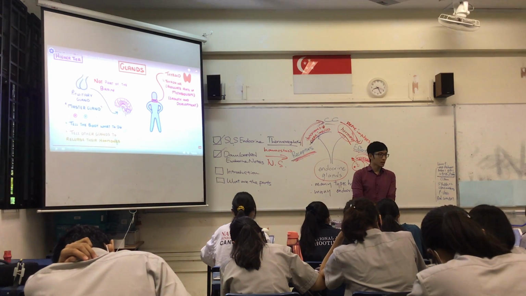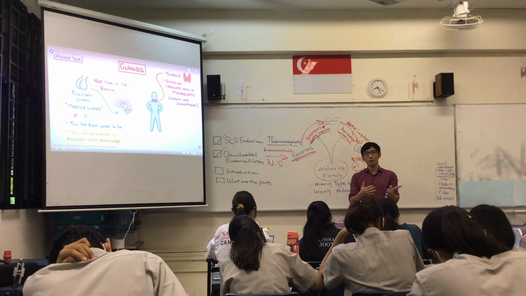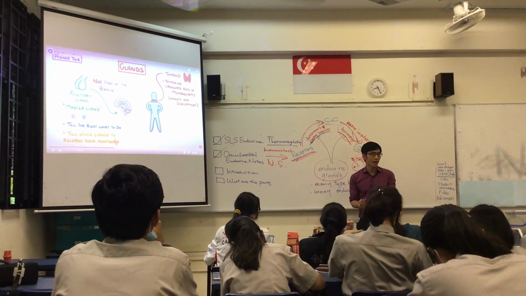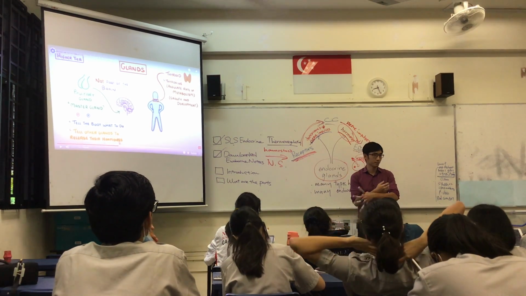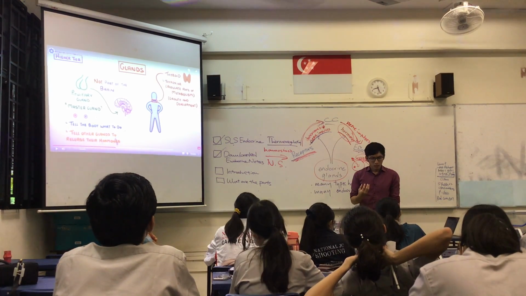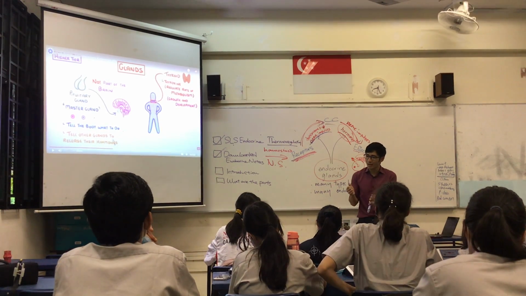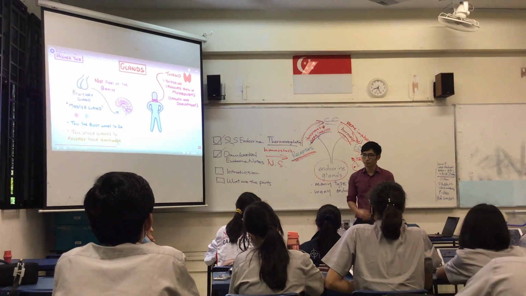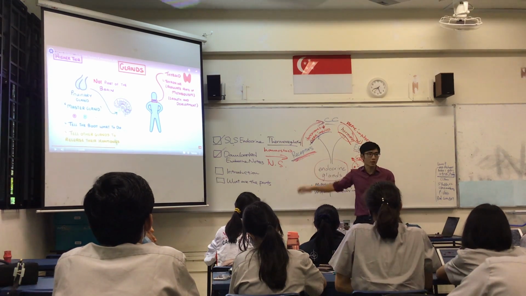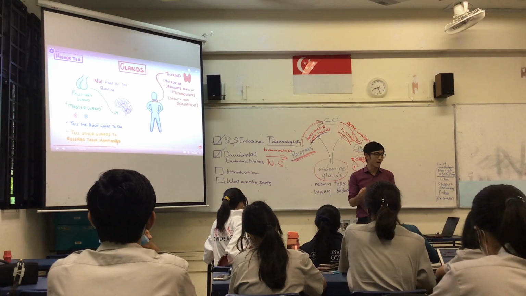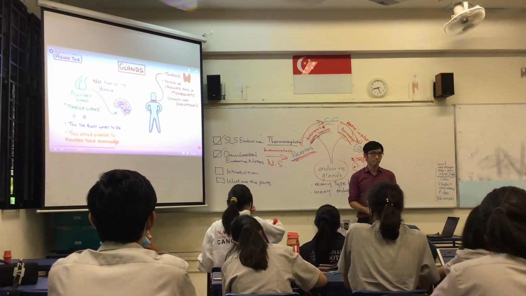For example, your skin surface is where temperature change is most likely going to happen, so it makes more sense that I have the temperature receptors here. If I need the temperature of my organs to be rather constant, it makes sense that I have some temperature receptors there also. Let's say I want to regulate your blood sugar levels. It makes sense that I have receptors where blood is flowing through.